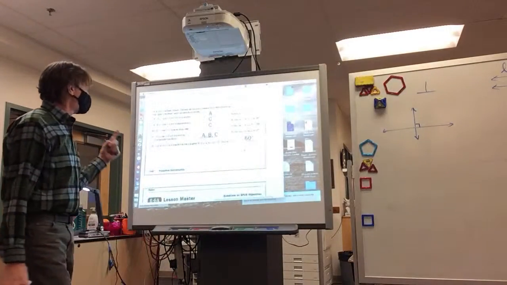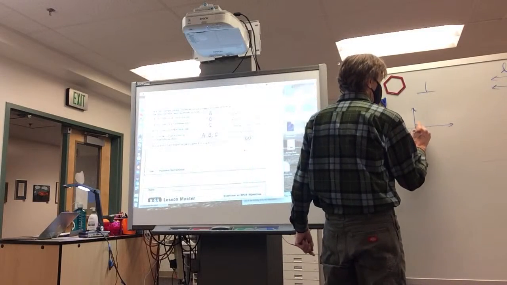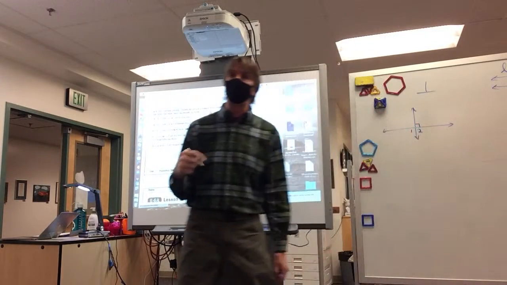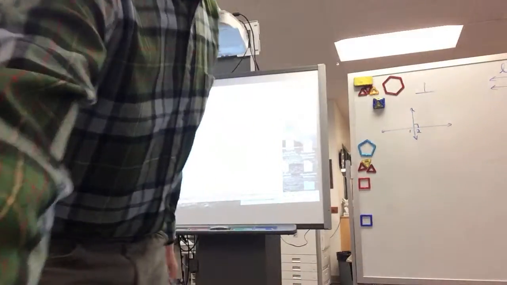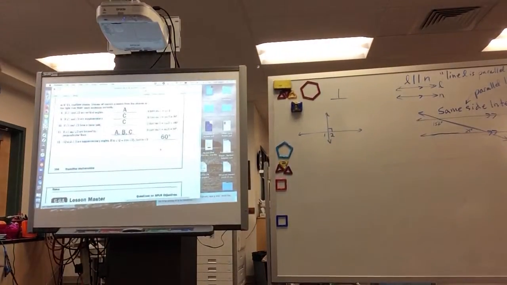So let's just say that this is angle 1 and this is angle 2. Label them as such. Then 1 plus 2 have to equal how many degrees?